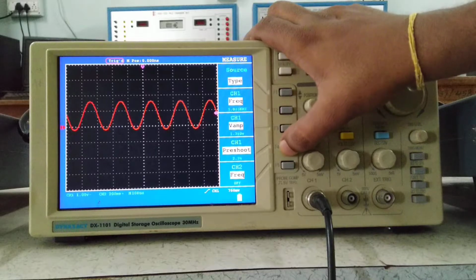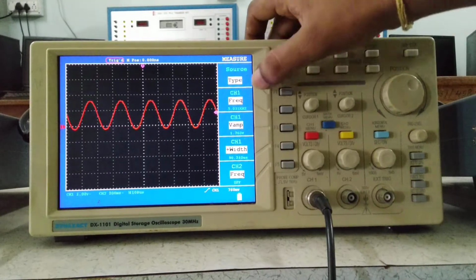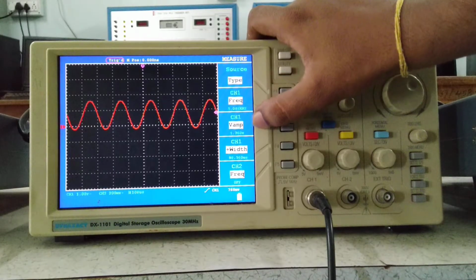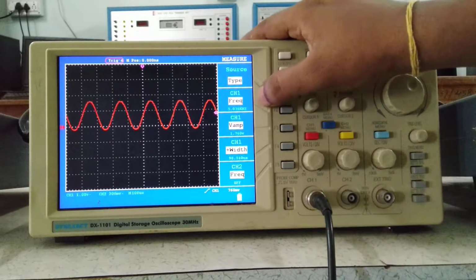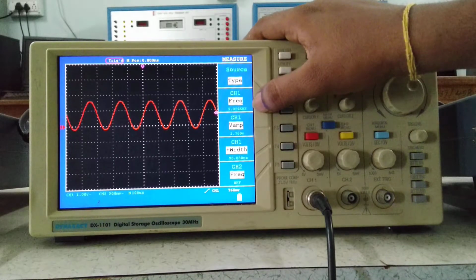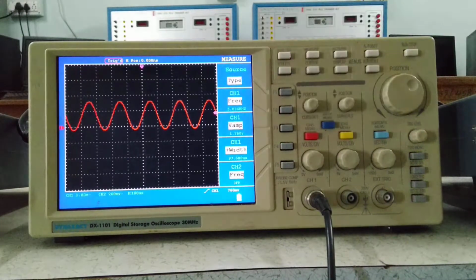Such types of parameters we can select for any signal. By using the measure function of the DSO, we can directly see the frequency and amplitude of the given signal for channel 1. You can read it as frequency 5.023 kilohertz, and amplitude of the signal is 1.76 volt.